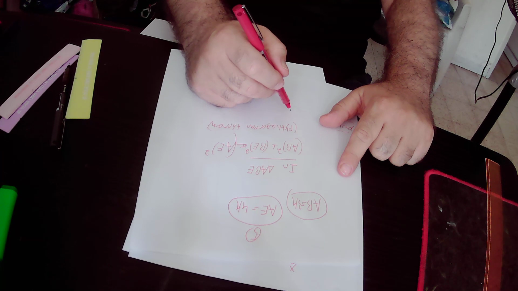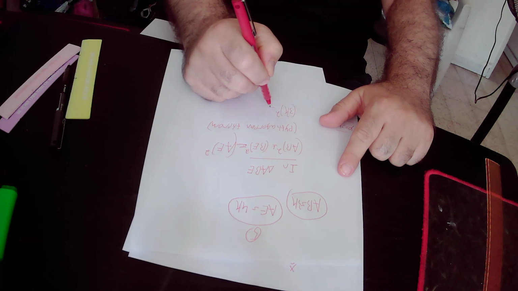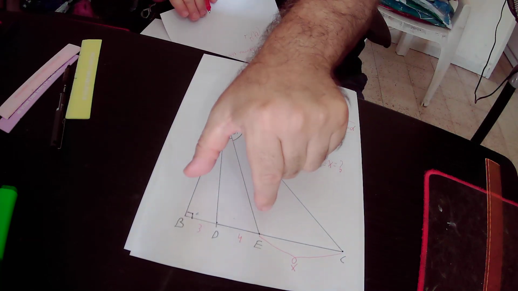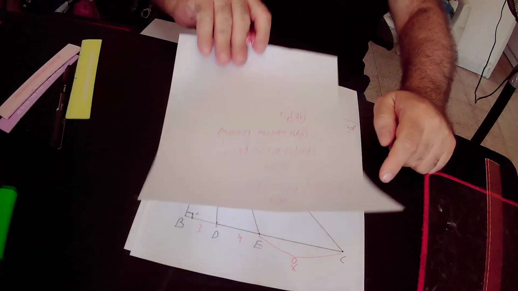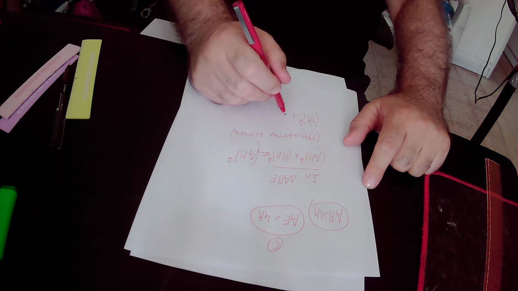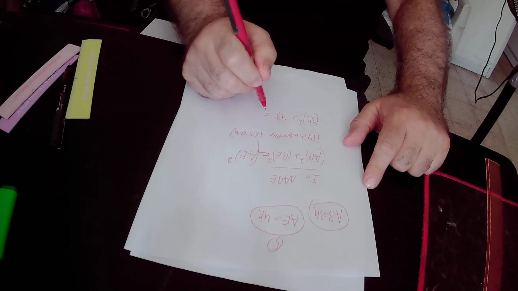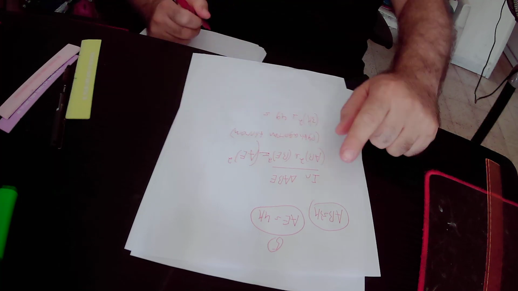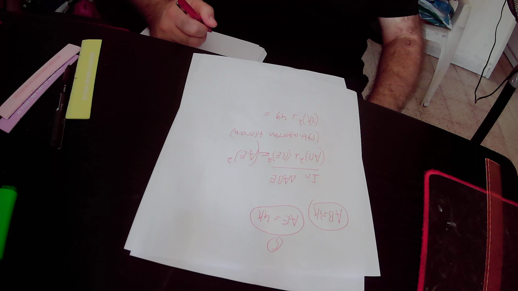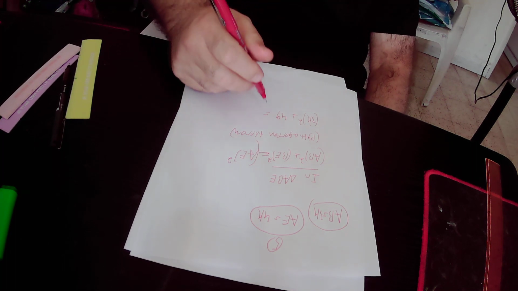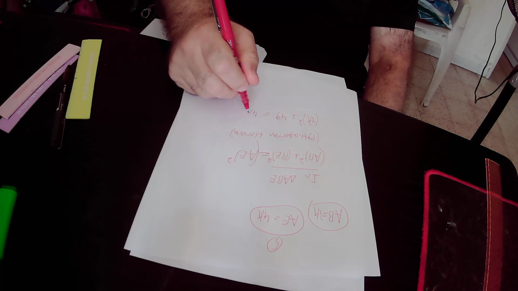So AB square will be equal to 3K square plus BE square, which is 7 square. 7 square is 49. Equals AE square. AE equals 4K. Therefore, AE square is 4K square.